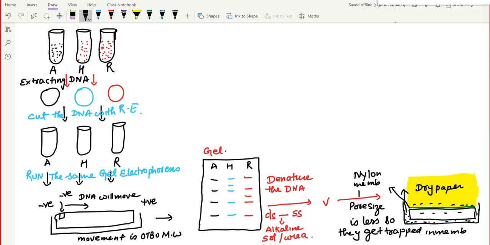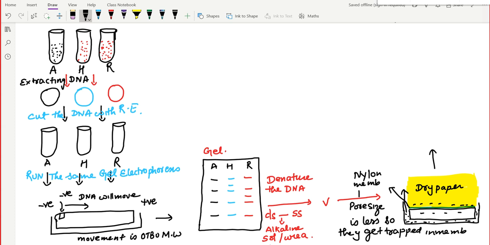It's the same as when you separate the chai patti from your tea. What happens when we pour the tea through that particular gauze? The chai patti gets stuck in the gauze. The same way, when the DNA is going up along the water, it will be caught by the nylon membrane.